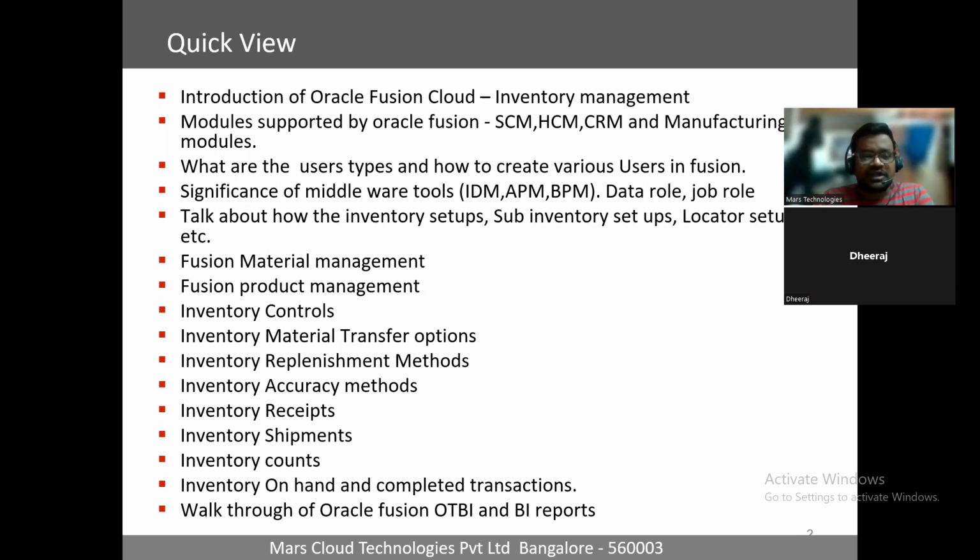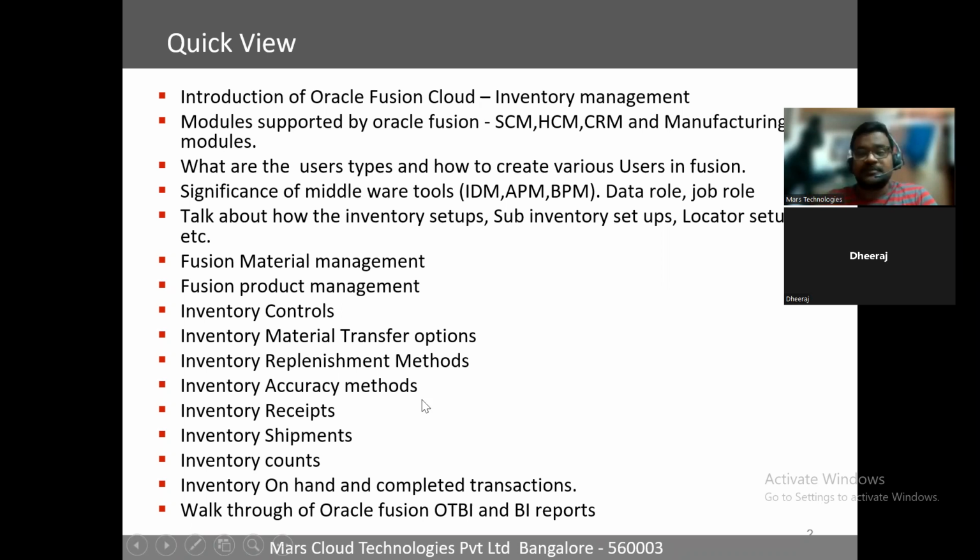So that kind of technique we'll use in the inventory, what all replenishment methods we have to fulfill your stock, so you can always maintain a certain threshold value of stock to support your manufacturing activities. Those kinds of things are in the inventory replenishment methods and accuracy methods.